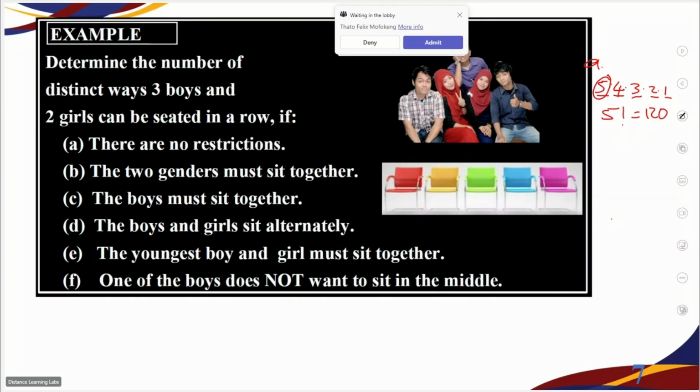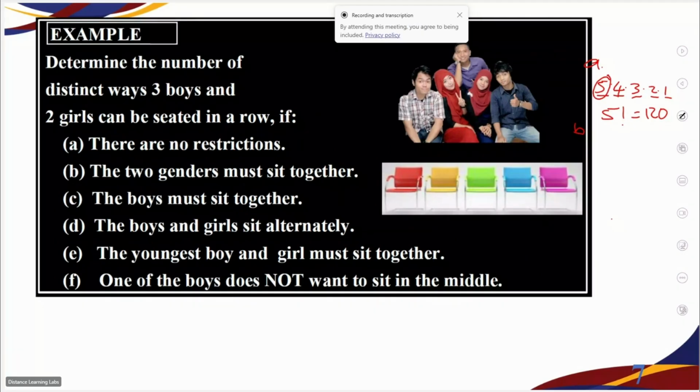Letter B says the 2 genders must sit together. If the 2 genders are sitting together, that means we are having 2 groups. I will have the group of boys and I'll also have the group of girls.